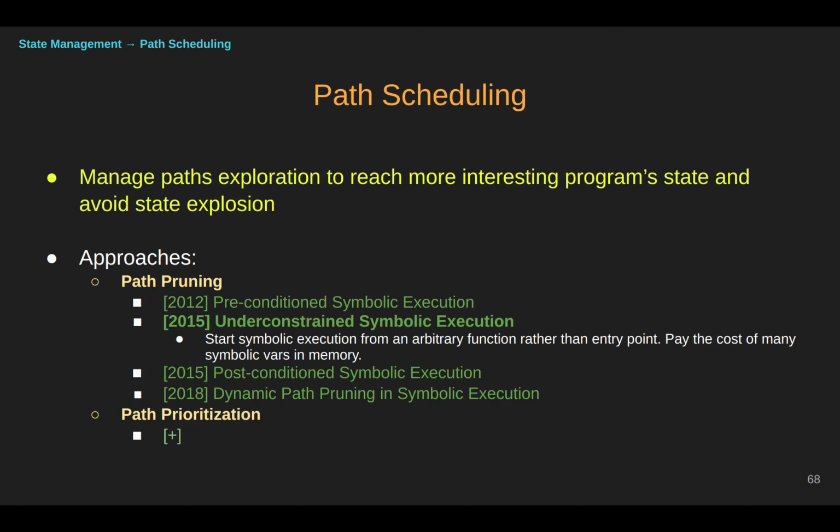So if you have a function that has global state, you say there's no constraints on the global state. This results in more, let's say, solutions, maybe more false positives, but allows you to quickly explore these areas in your code which would otherwise have to be explored through a complete symbolic execution from the beginning until the end. So yeah, it's under-constrained, but it can be very useful in detecting bugs and stuff in static analysis.